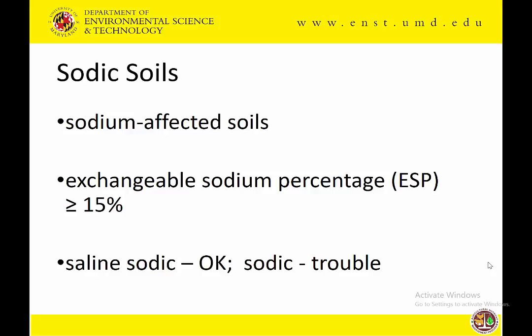Okay, so I also want to talk about sodic soils. Sodic soils are soils that are considered sodium affected, all right? And a sodic soil has at least 15% exchangeable sodium on the exchange phase, all right? And what we know from lots and lots of research that's decades old, a lot of this basic work was published by 1955, comes out of the USDA ARS facility at Riverside, California, is that saline soils that are also sodic don't have issues with infiltration.